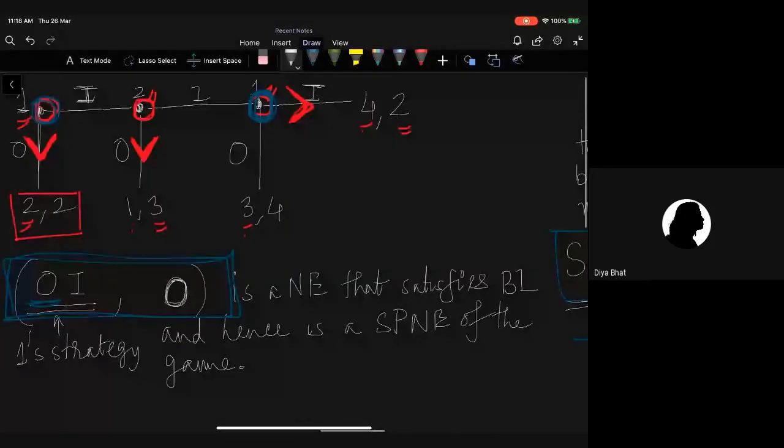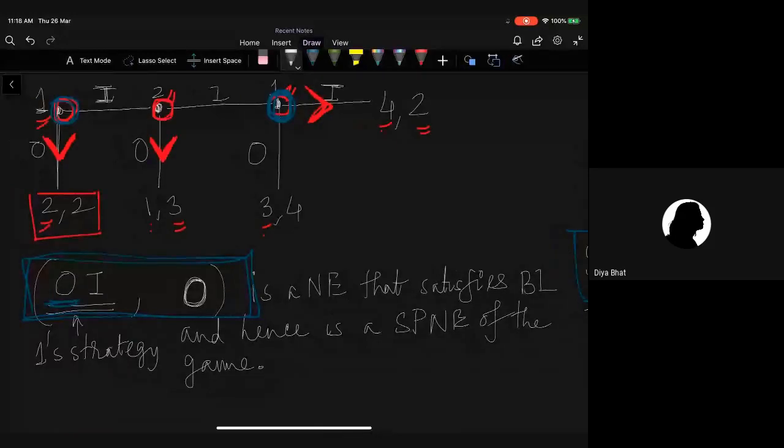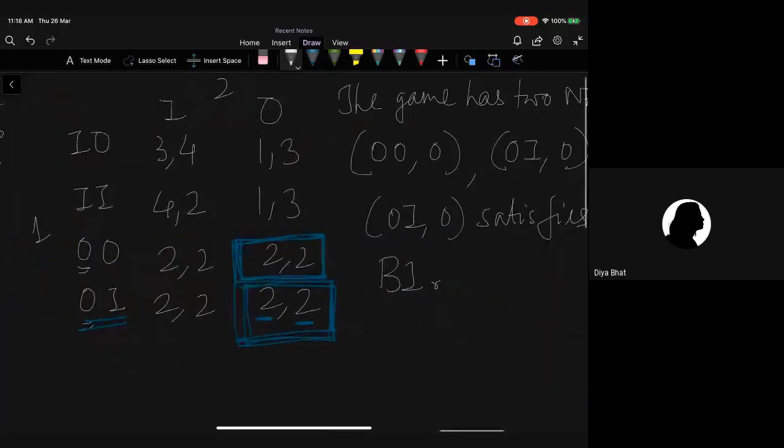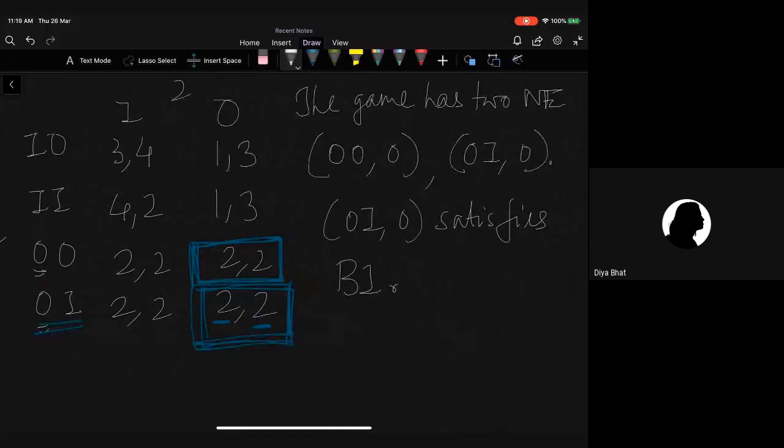Okay, so you see that the backward induction logic picks an equilibrium strategy which is indeed a Nash equilibrium in this example at least, and that will be true in all examples. But it also filters out some Nash equilibria. It doesn't choose OO, for example. So this is sort of equivalent to an inappropriate Nash equilibrium in this case.